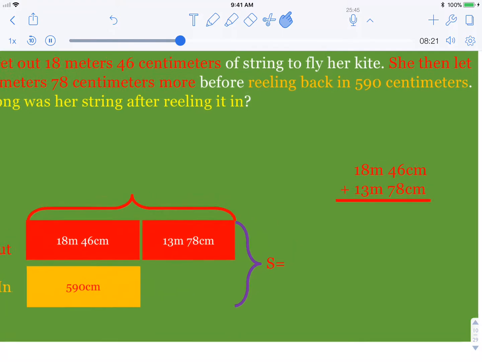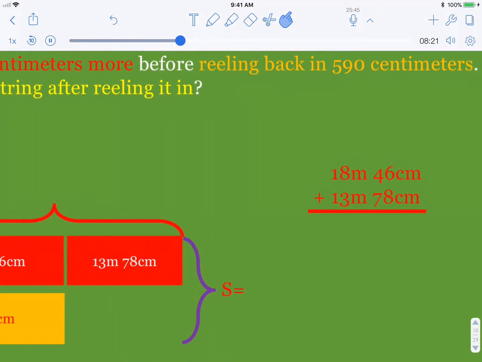So I have a bar across the top. I have a bracket across the top. What do you think I'm going to have to do to those two numbers? I'm going to have to add them. So let's start.